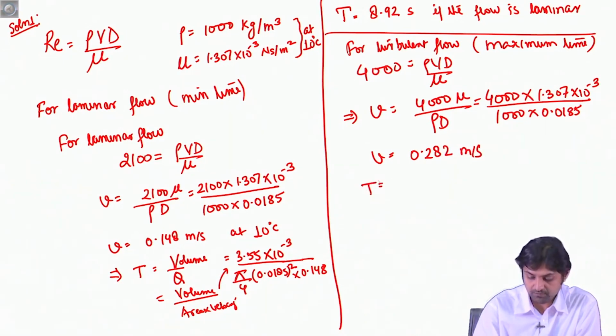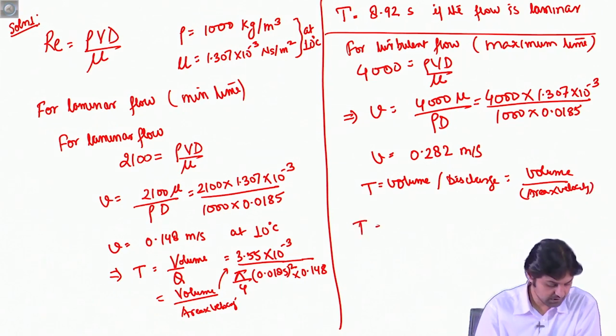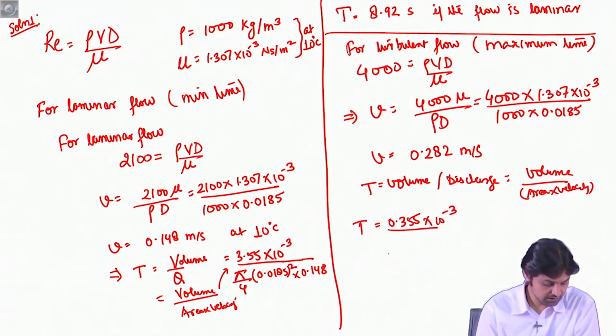So the time taken will again be volume divided by discharge, or volume by area into velocity. This will come out to be 0.355 into 10 to the power minus 3 divided by pi by 4 into 0.0185 square, into the velocity 0.282.